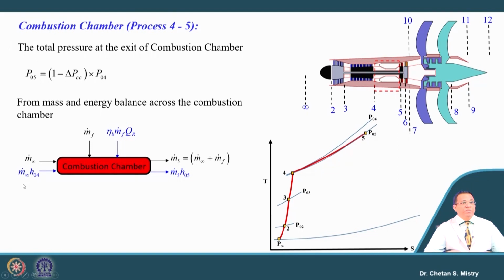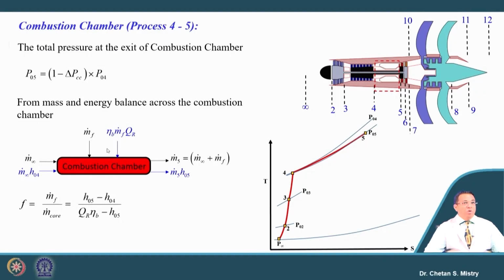Here in this case, my entry configuration we can say is m dot infinity into H04, and the exit configuration we can say is m dot H phi and H05. Here this represents m dot into QR and my burner efficiency. So, if we write the energy balance, we will be able to calculate the amount of fuel that needs to be added.